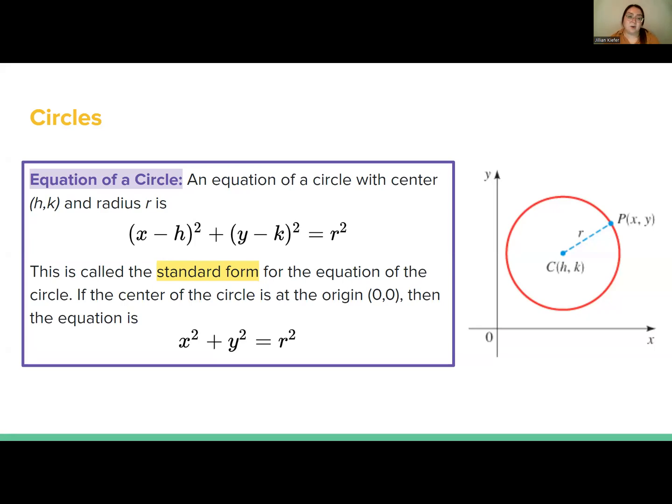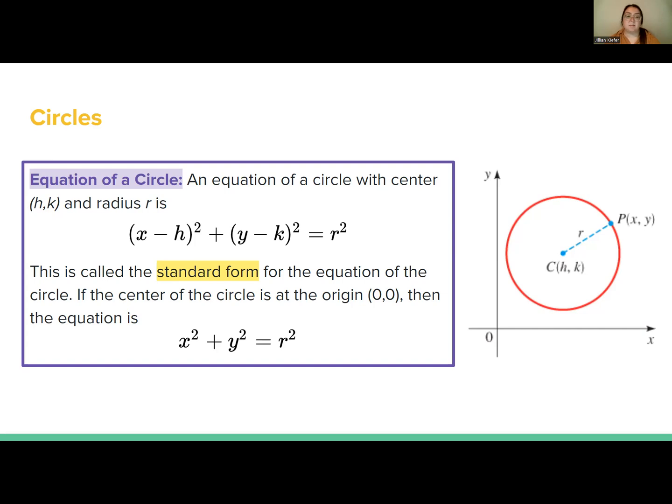So we have the equation of a circle. We say an equation of a circle with the center (h, k) and a radius r is of the formula (x - h)² + (y - k)² = r².